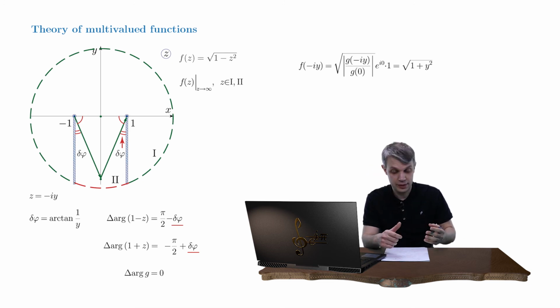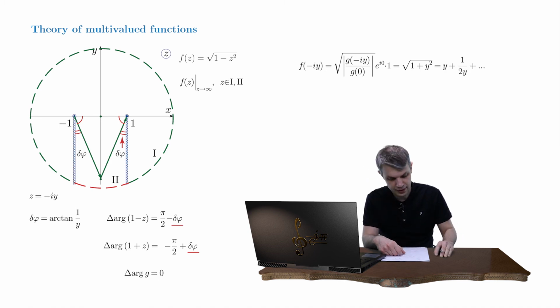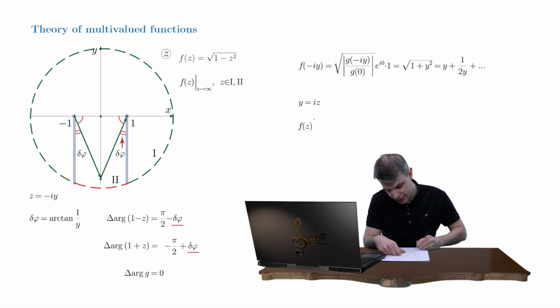Again, as before, we use the real analysis technique to expand this square root, and we obtain y plus 1 over 2y. And then we make a reverse change. y now is equal to iz. And f of z is now equal to iz minus i over 2z.